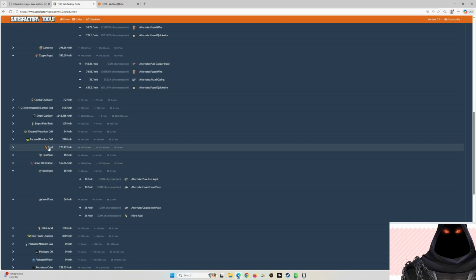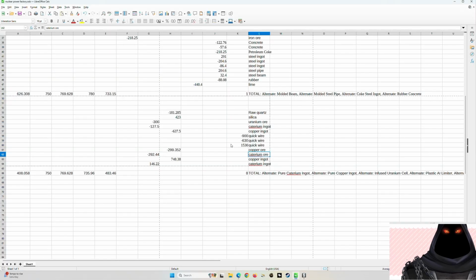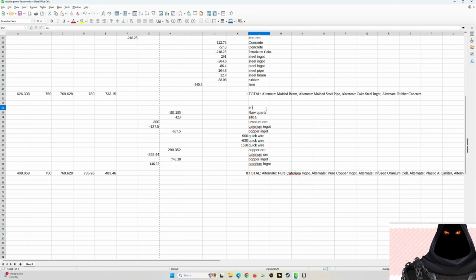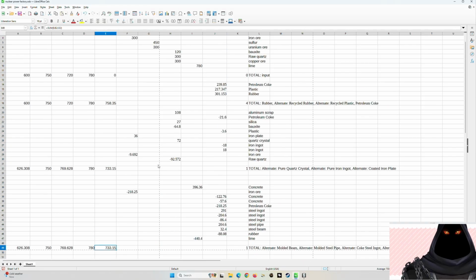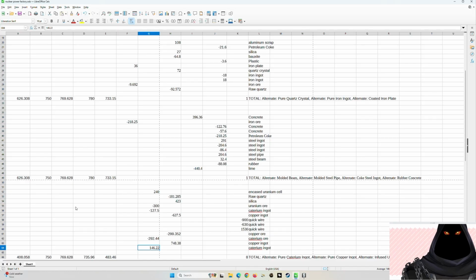Okay, and we're also producing uranium cell. Producing base uranium cell. And we'll put it on the uranium line, which is right here. Oh, whoops. I'm glad I caught that.